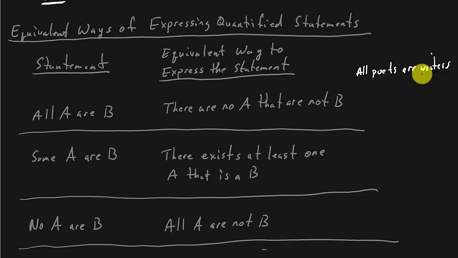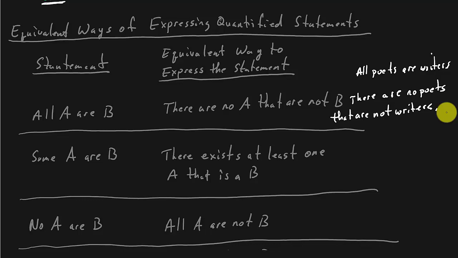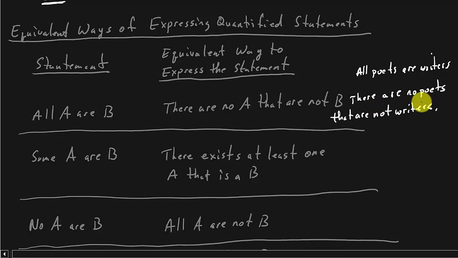Well, we could write there are no poets that are not writers. So all poets are writers. That's the same thing as there are no poets that are not writers. Think about it a little bit. It'll make sense. All poets are writers. There are no poets that are not writers.